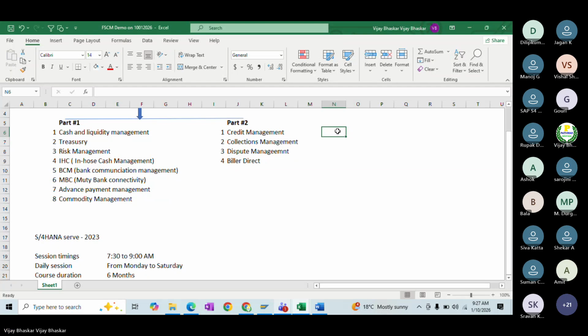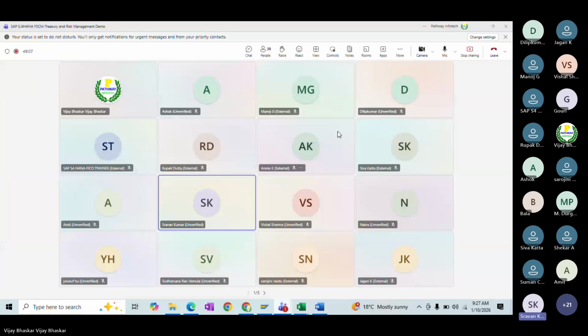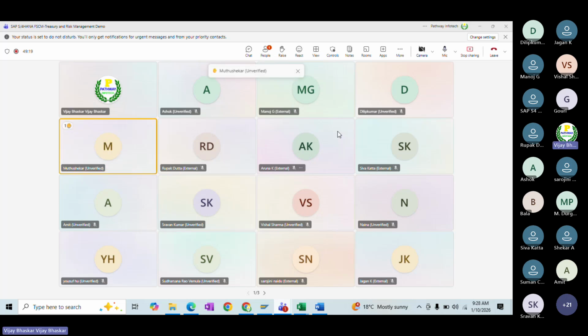Based on what you said, it doesn't require any FI and CO knowledge, finance and controlling? FI and CO here means you will only be part of credit, collections and dispute. But at least you should know the accounts receivable part end to end. You should know FI, but FI banking and asset accounting aren't required.